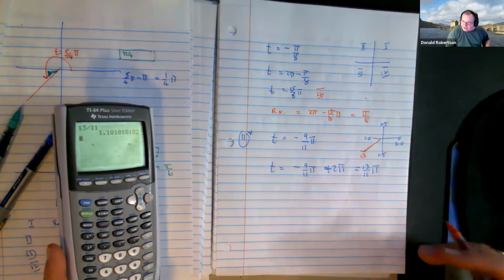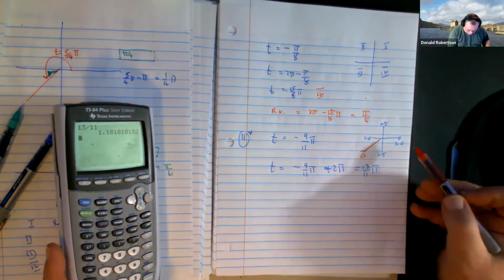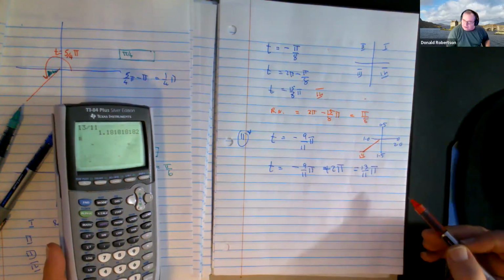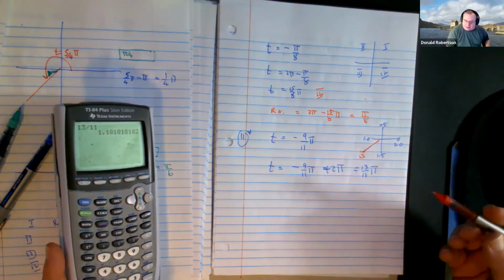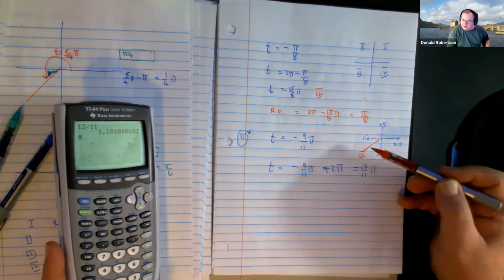13/11 might not be an obvious one, but if you turn it into a decimal, can't you use these guys here to figure out who it is? It's roughly 1.18, isn't that somewhere between 1 and 1.5? That makes it this guy.